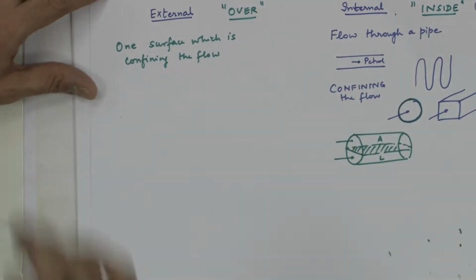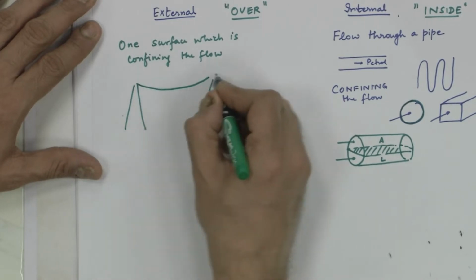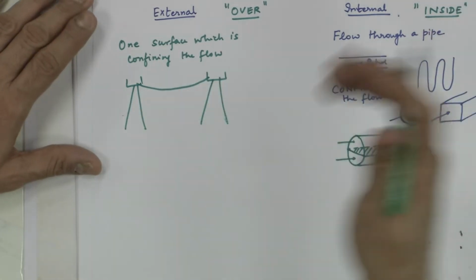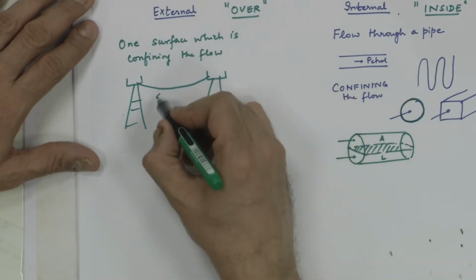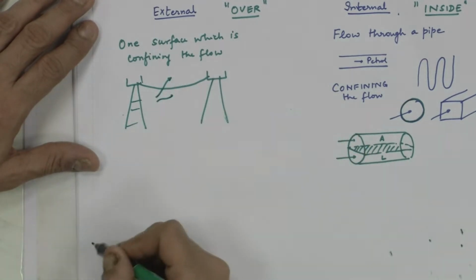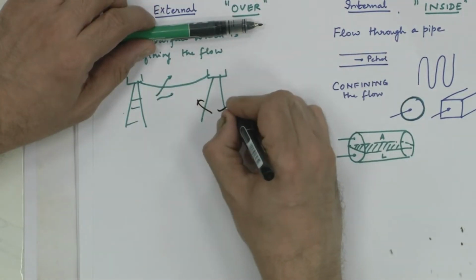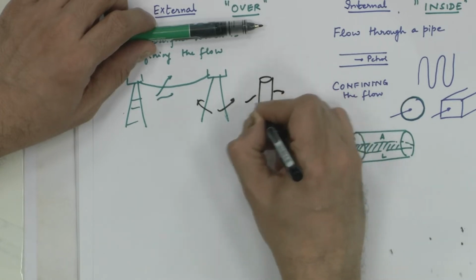Now, flow of air over this surface, you have water flowing over, flowing on, in the form of a river. You have electrical wires which are connected across various cities, and you have these towers and this electrical wire which is there. So, air flows over this surface, air flows around this pillar, around this geometry. It could be modified as a cylinder, and flow of air around this.